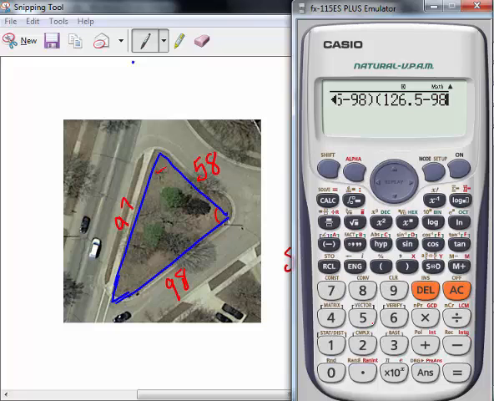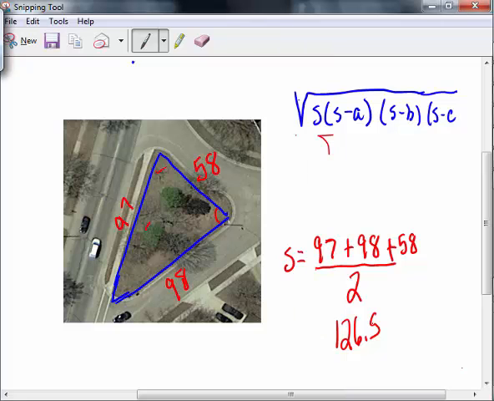Oh, the third side is 58. And we get an area of 2699 square feet. Since each of these has 2 sig figs, our answer will be 2700 square feet.